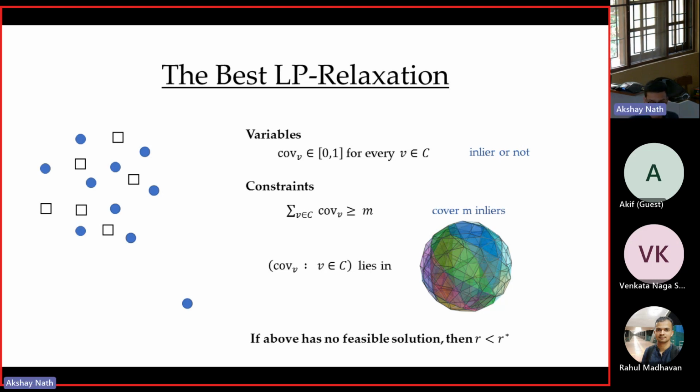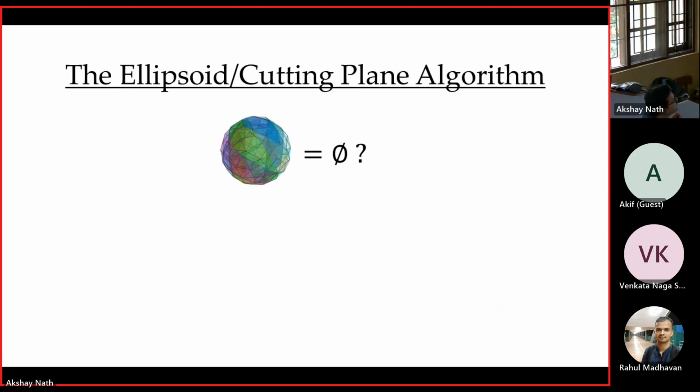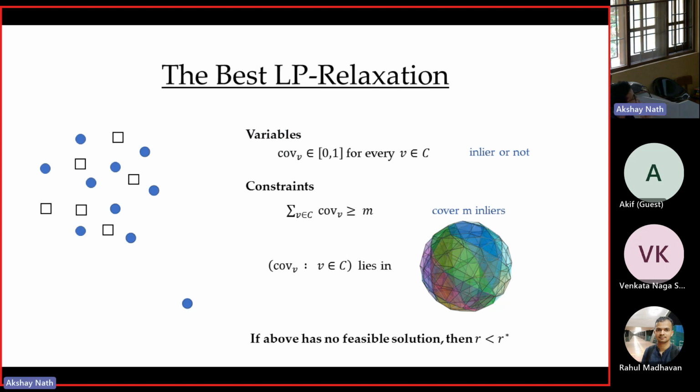But I do know that if this LP has no feasible solution, then my guess is too small. So this is an LP which has lots of constraints, maybe exponentially many constraints, because of the projection.